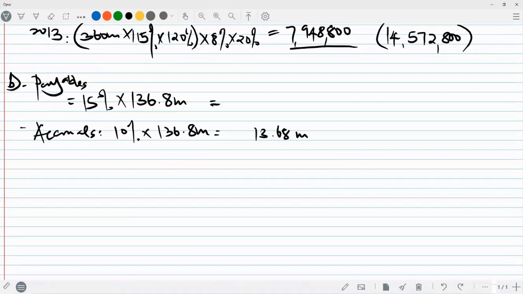And for the case of payables, 20.52 million. The two combined give 20.52 for payables. It is 20.5. Okay, the two combined give us how much? That is 34 million.